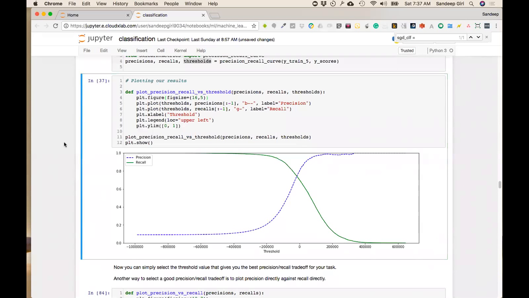We're going to start with a very low threshold, meaning let everything get classified as 5, and then we are going to increase the threshold. What does increasing the threshold mean?